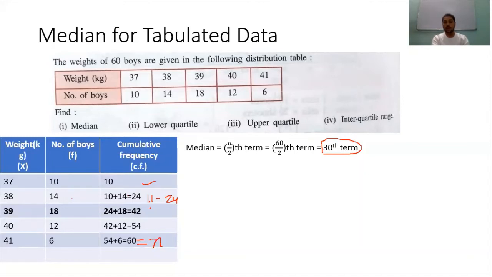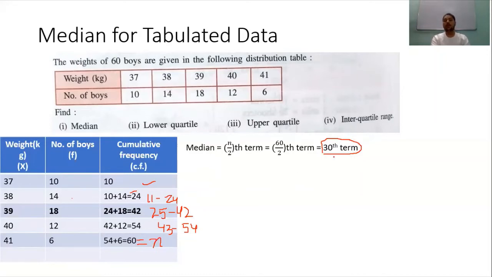Then third part we have 25 to 42, and then we have 43 to 54 terms. Okay, counting is there. First 10 terms are here, then 11 to 24 terms at this part, then we have 42 term, that means from 25 to 42 here.